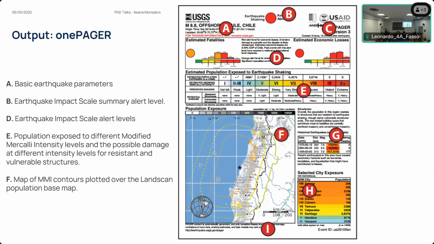The interesting thing is that this output is obtained at most 30 minutes after the earthquake, and this information is given to the civil protection authorities, and also to people who subscribe to this system.